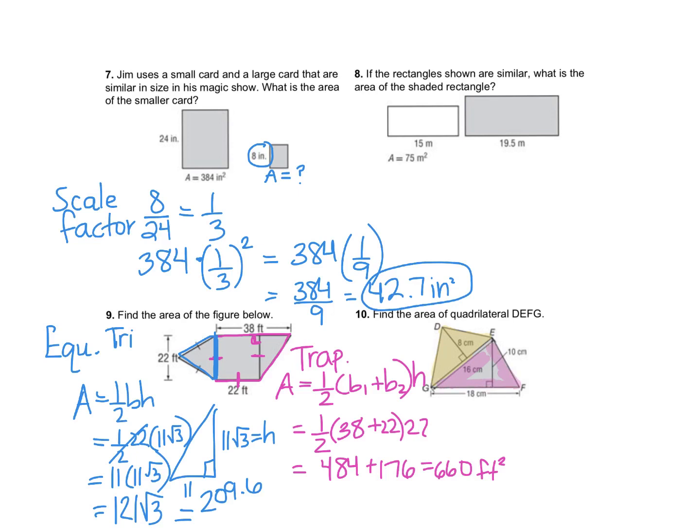This one has a base of 18 and a height of 10. So you should get that one of them has an area of 90, another with an area of 64. So total you would get that the area on number 10 is 154 square centimeters. I hope this video was helpful.